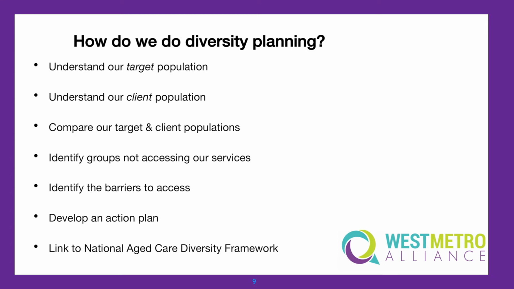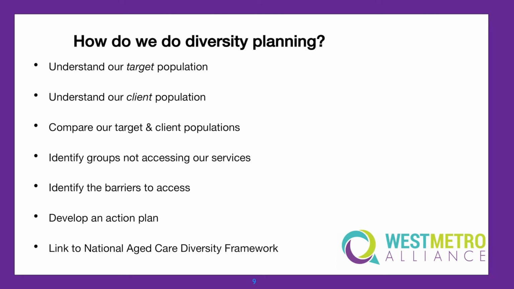We then look at both sets of data and we compare our external data that we've gathered around our focus area and also our own client information, and we identify the groups that are not accessing our services. These are the people that we want to target because they are not receiving our service.